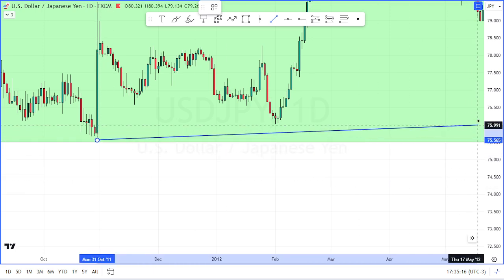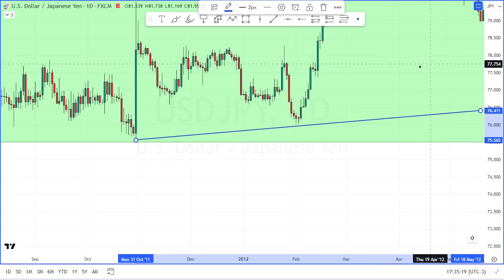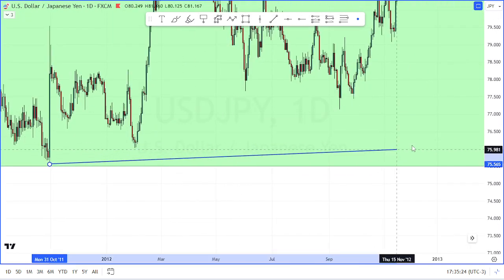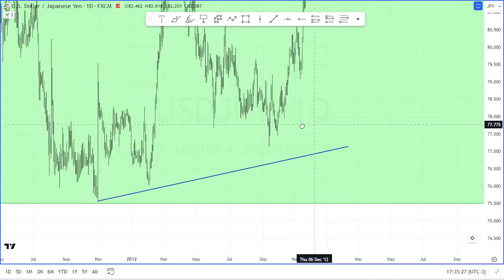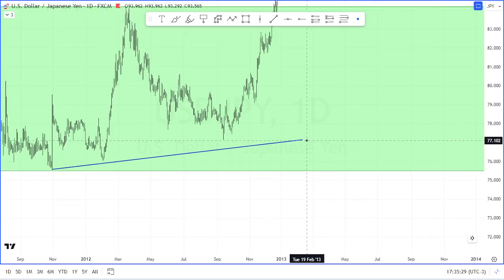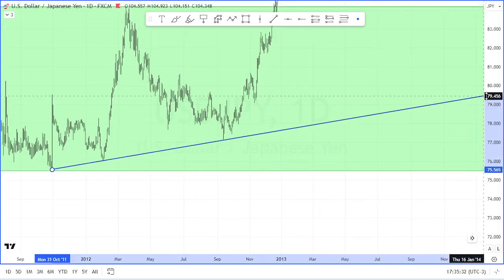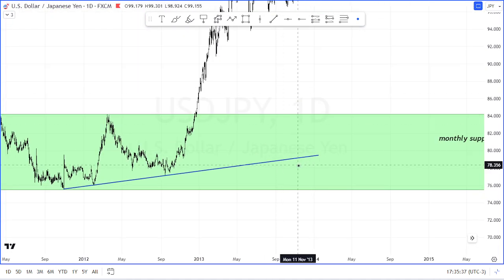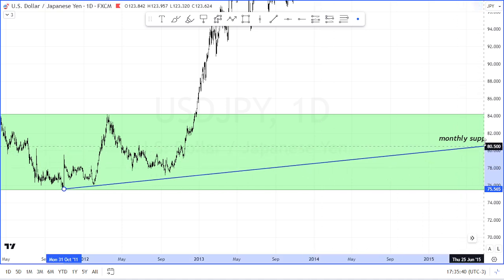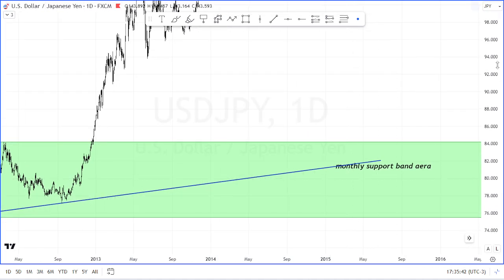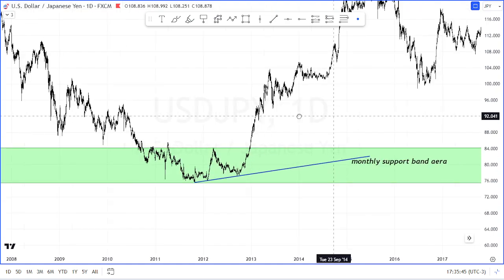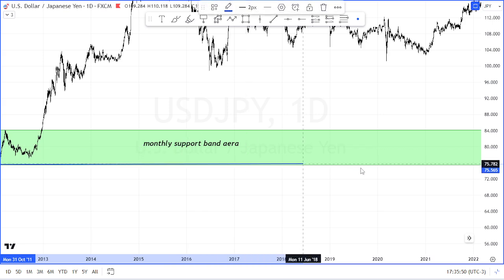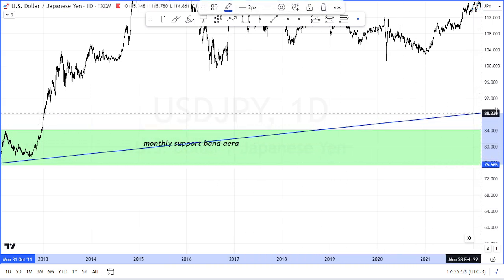We are going to draw the trend line also. We are going to adjust, take the trend line all the way, and there it is. We've touched the price right there, and I'm going to adjust again all the way.